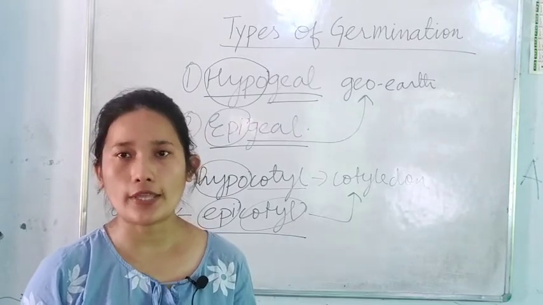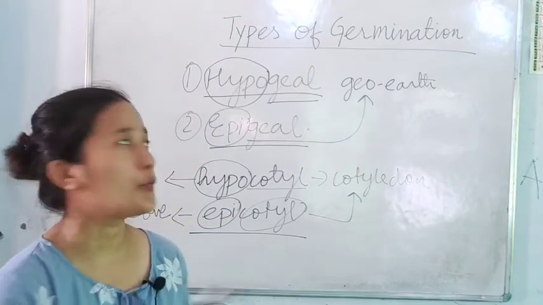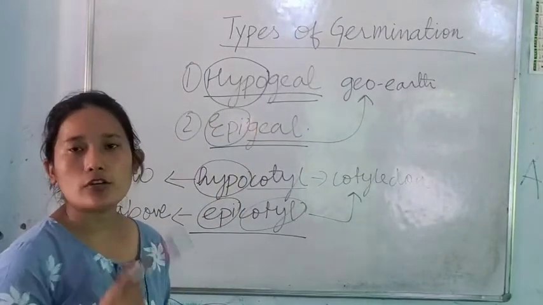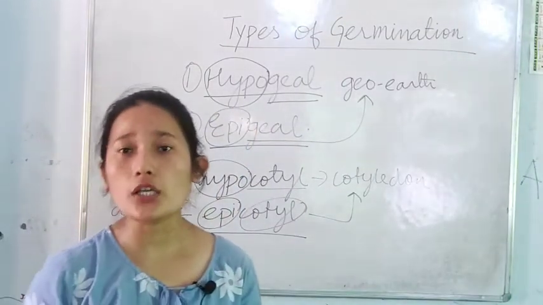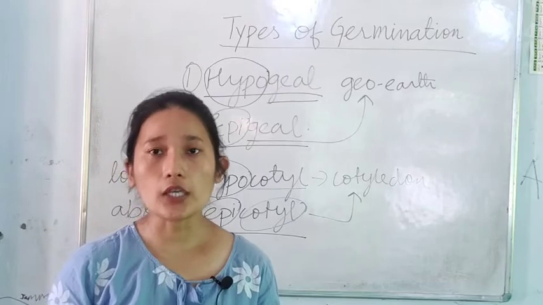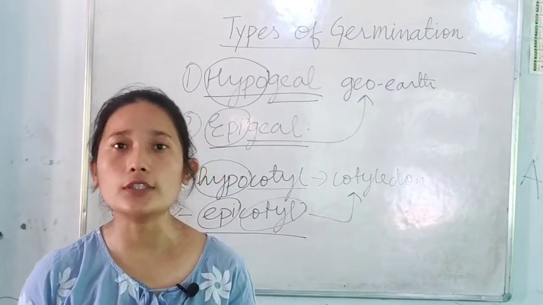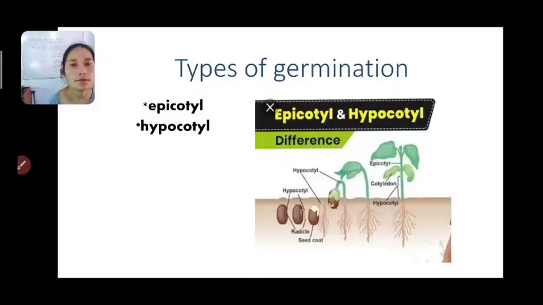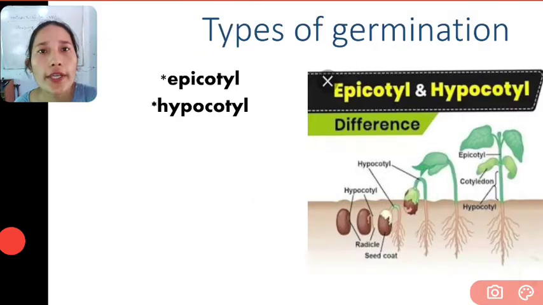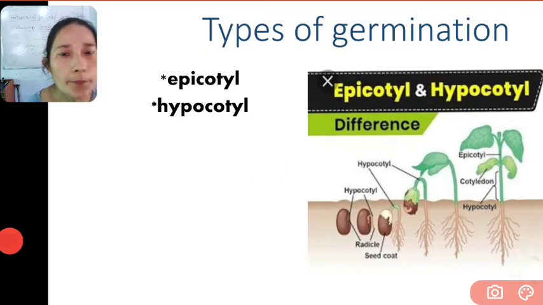Before going through that, I want you to get clear with these four terms, because they might be confusing. So we better go through these four terms, then we will go through the types of germination. Now let us look at the diagram given there and understand epicotyle and hypocotyle in more detail.